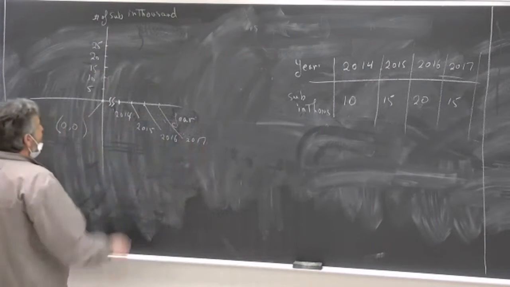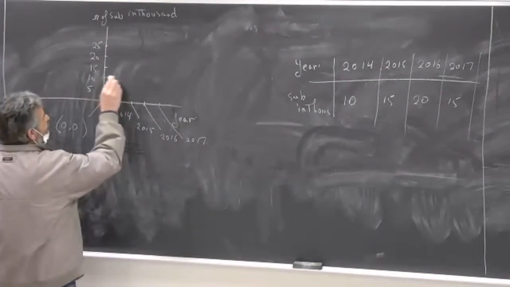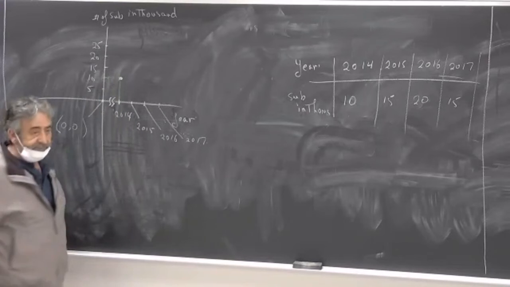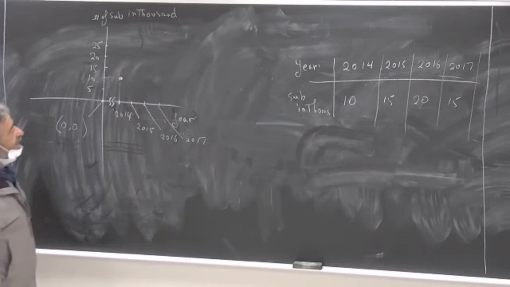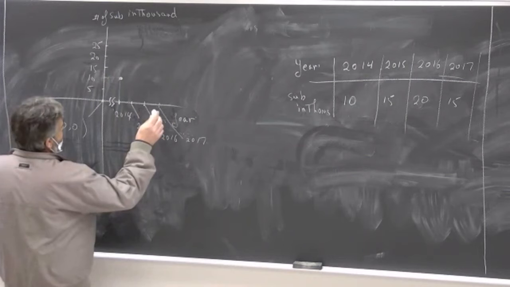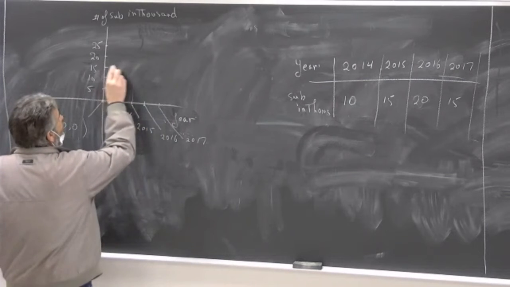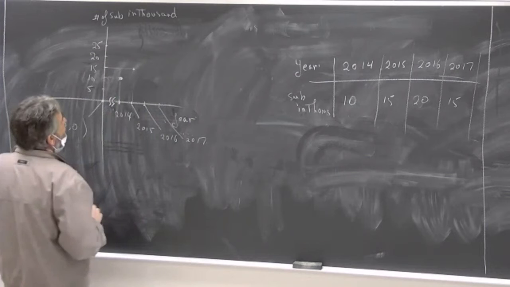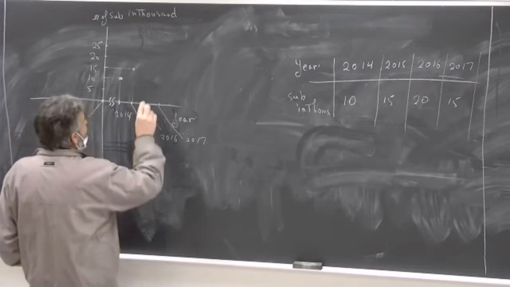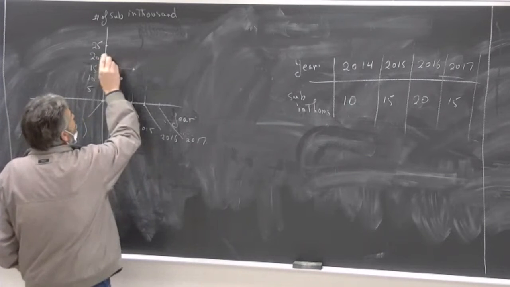So the first point is 2014 and 10, right there. Second point is 2015 and 15. And then we just go 2016 and 20.